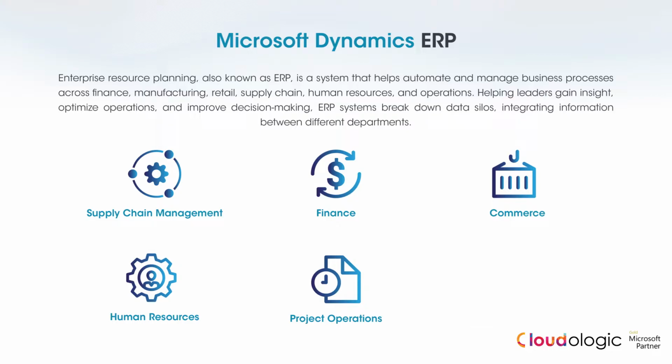But large organizations need many more applications with extra functionalities, and all that is there in F&O. So basically, large organizations go for F&O, and small and medium-sized organizations go for Business Central.